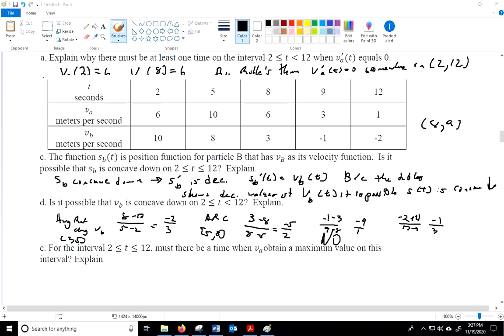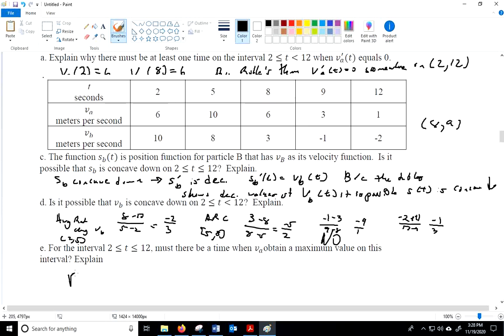All right. Letter E says, for the interval from 2 to 12, must there be a time when V sub A obtains a maximum value on this interval? Well, the extreme value theorem says that if a function f is continuous on a closed interval, it must obtain a maximum. It may happen multiple times, but it's going to be a max value.